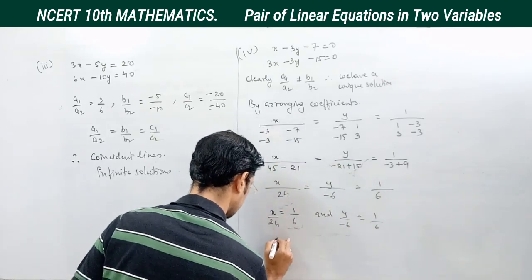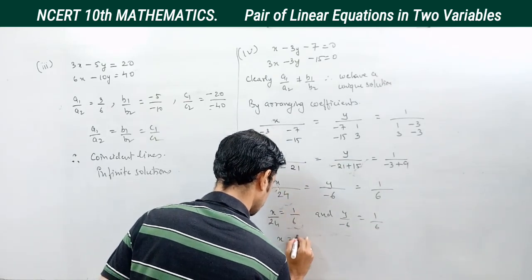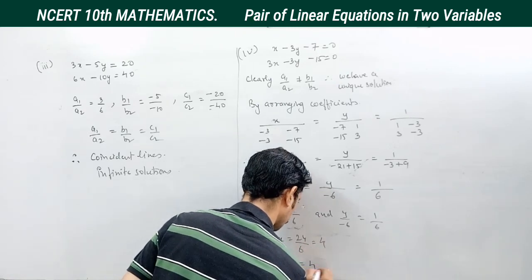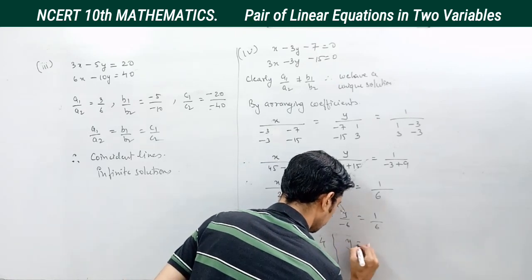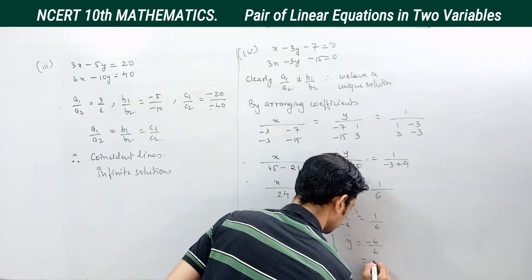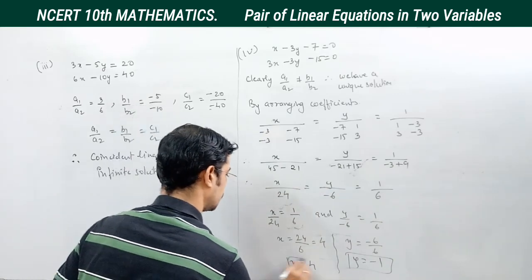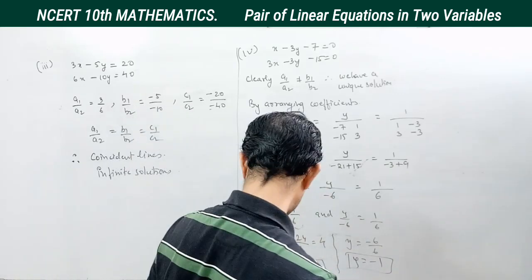From this we get x equal to 24 by 6, that is 4, and y equal to minus 6 by 6, that is minus 1. So the solutions are x equal to 4 and y equal to minus 1.